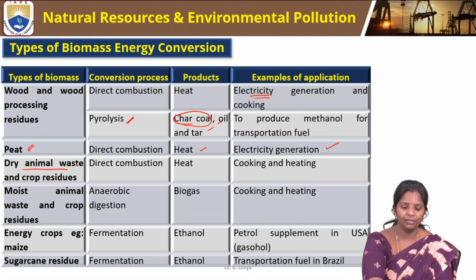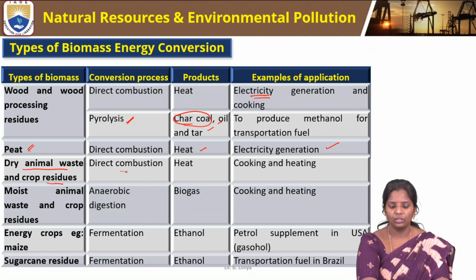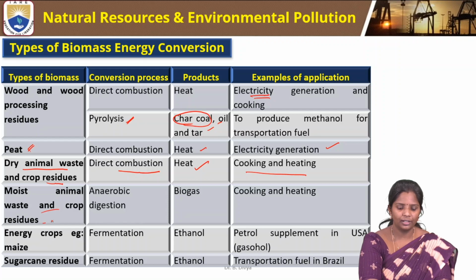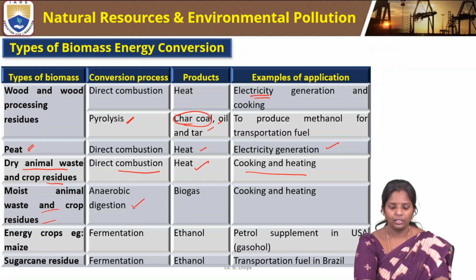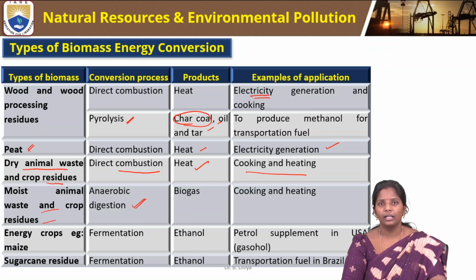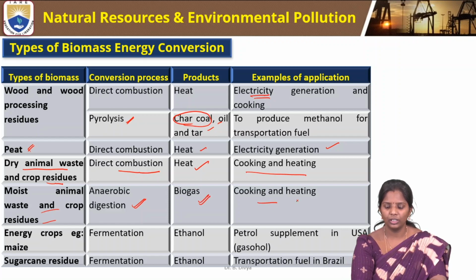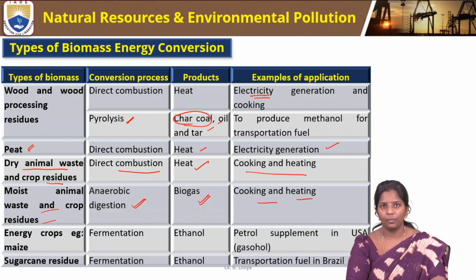Then dry animal waste or crop residues: direct combustion will produce heat used for cooking and heating. Then moist animal waste and crop residues undergo anaerobic digestion, which means in the absence of air, giving biogas used for cooking and heating. We are already using biogas in some places from animal and crop waste.